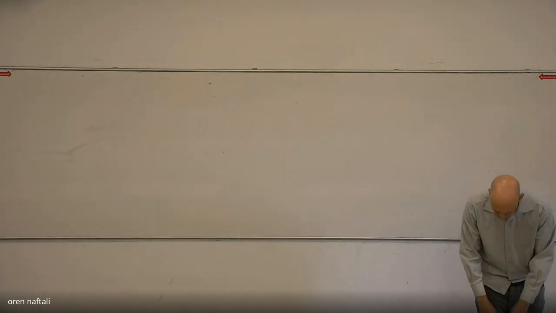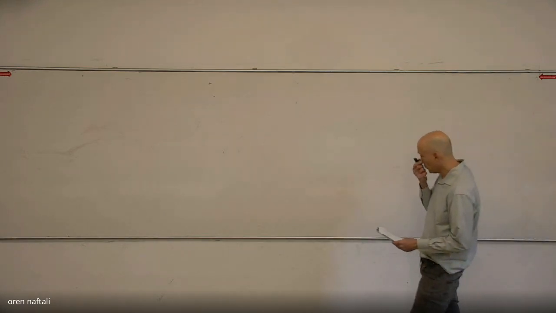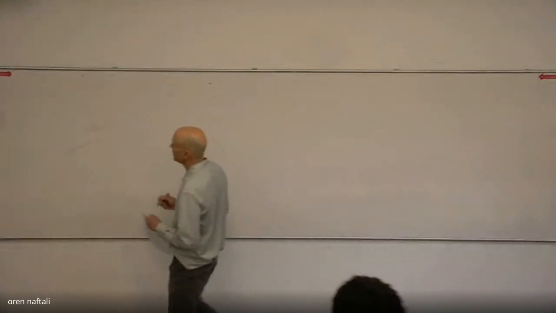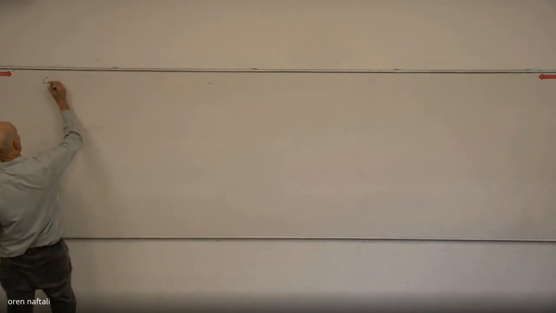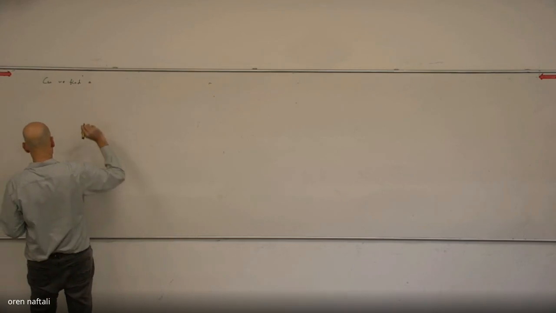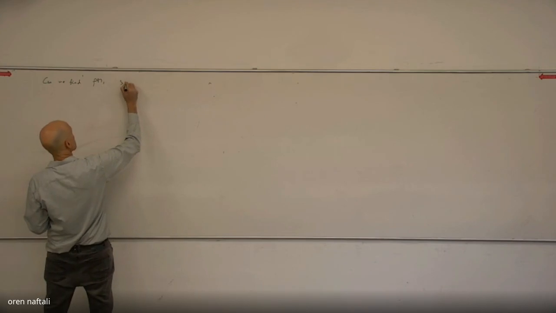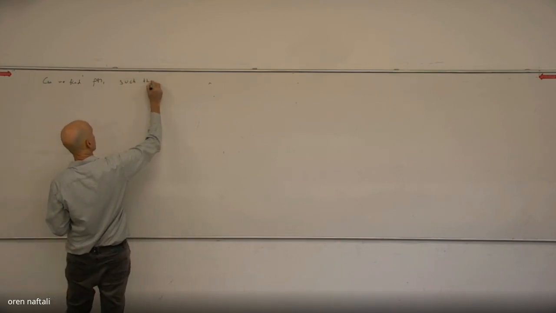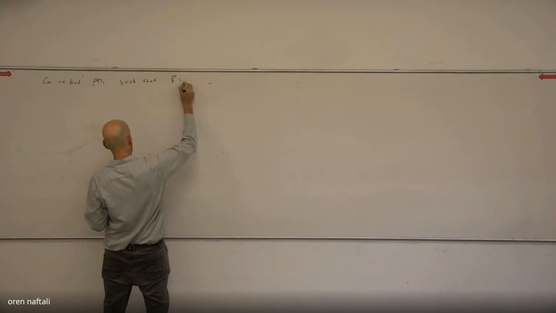Let us try and move a bit forward. So let us do a simple exercise. Can we find rho of r such that E is equal to some constant times r to the power b?